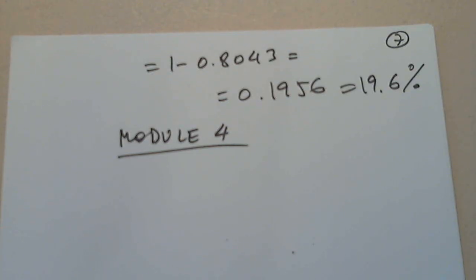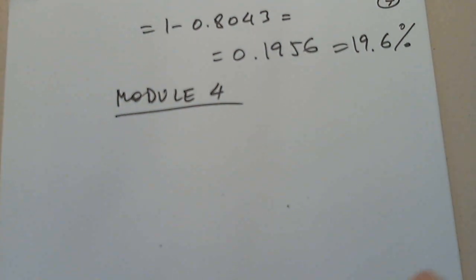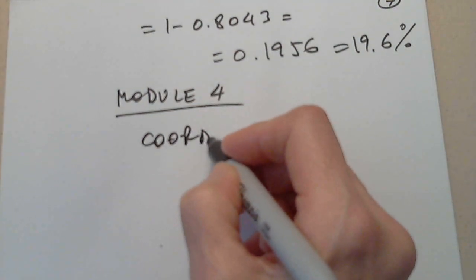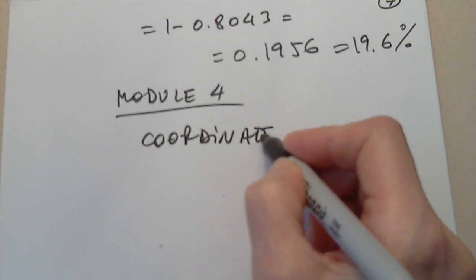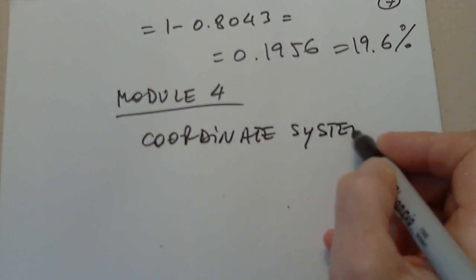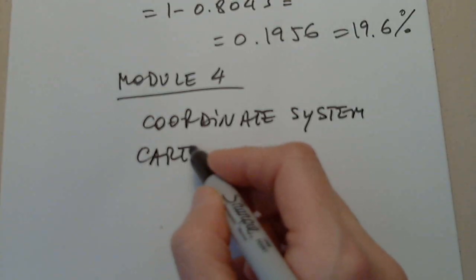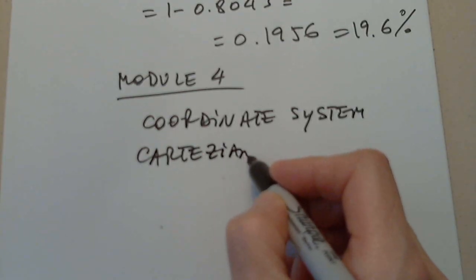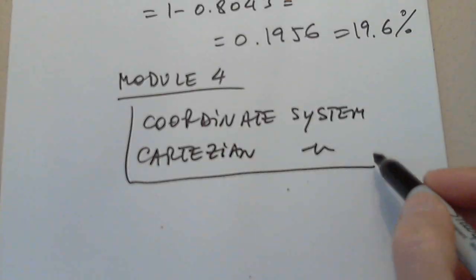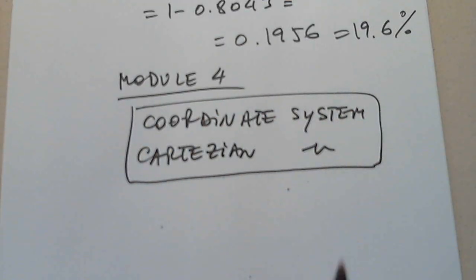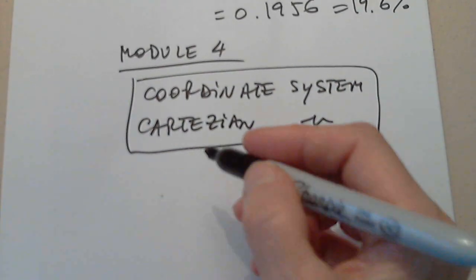So first of all, what is the coordinate system? Also called Cartesian system. They mean the same thing. Coordinate system, Cartesian system. Okay.